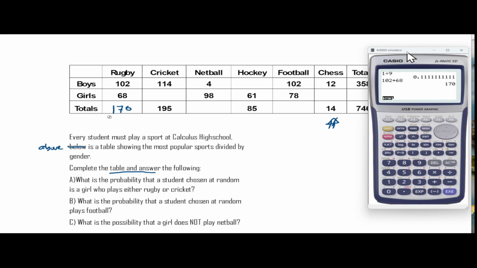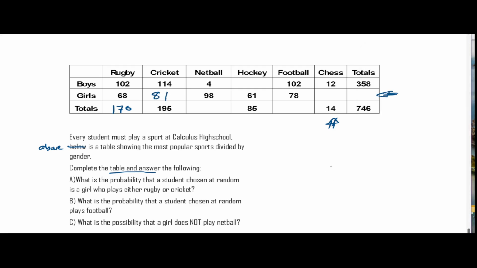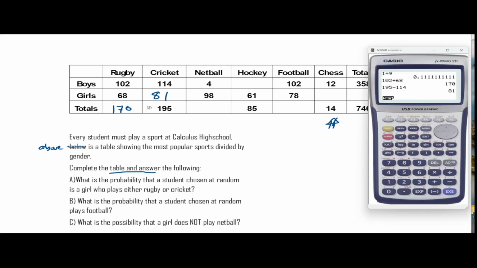And let's fill this out. 195 minus 114. It's going to give us 81. And I'm going to pause and fill this in. I'm sure you don't want to watch me putting in letters and numbers into a calculator.